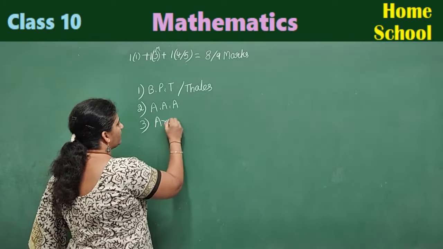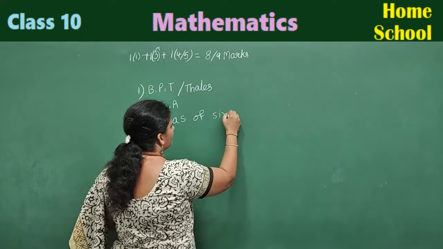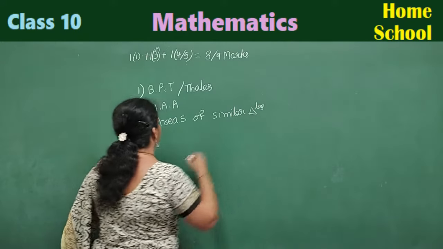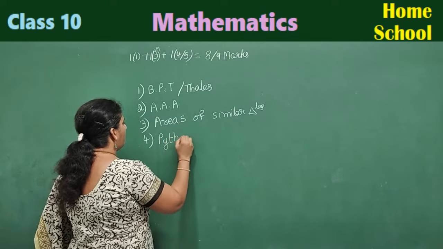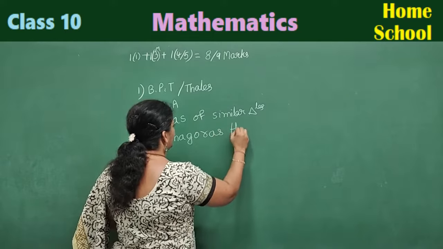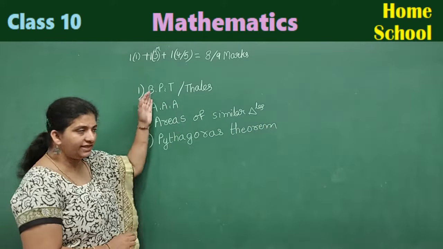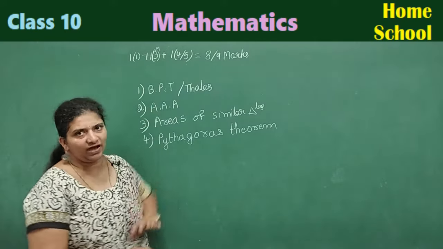Third one, areas of similar triangles. Coming to fourth one, Pythagoras theorem. Among these 4 theorems, one theorem will be coming for 4 or 5 marks.